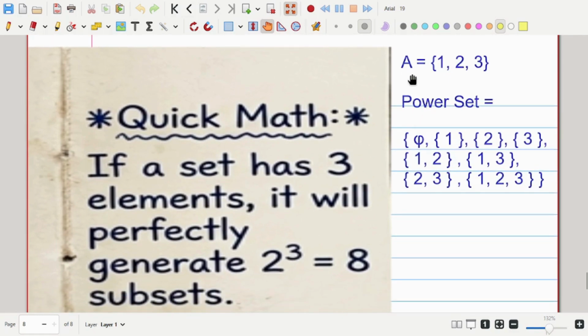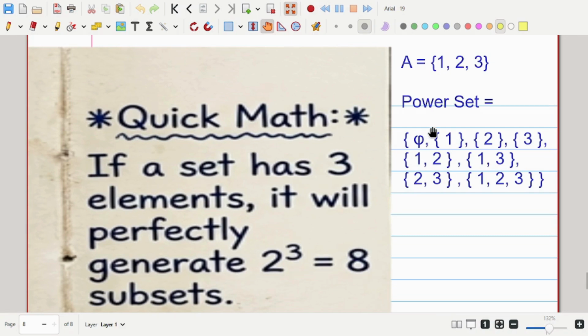Example, A is the set {1, 2, 3}. Total number of elements in set A is 3. So by the formula it will generate 2 raised to n, that means 2 raised to 3 subsets. So it will generate 8 subsets.